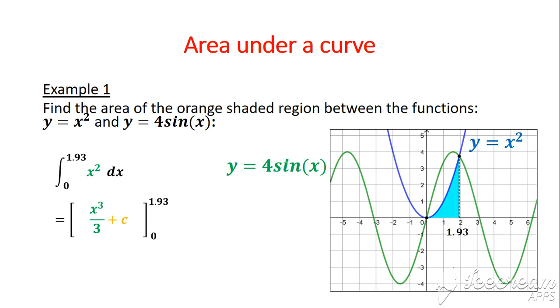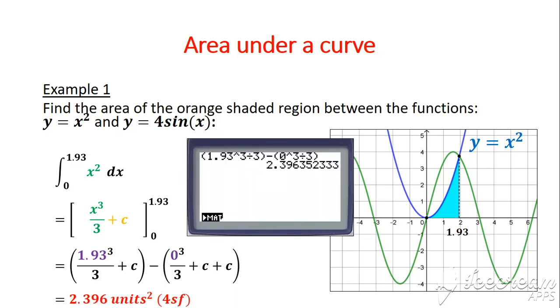Okay, so let's integrate x squared to get x cubed over 3 plus c. Let's substitute in my upper boundary of 1.93 and my lower boundary of 0 and subtract the difference to get an area of 2.396 units squared, and again I've rounded to 4 significant figures. Now that has given me the area of this light blue section.